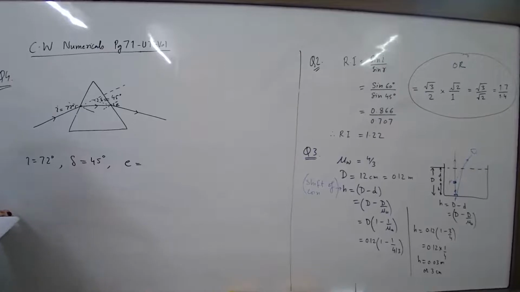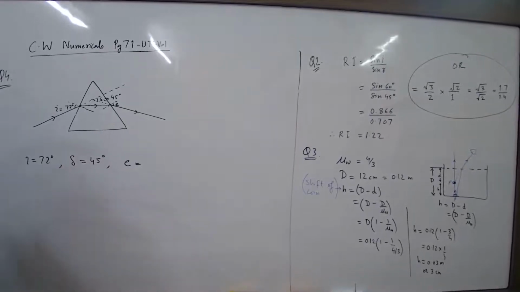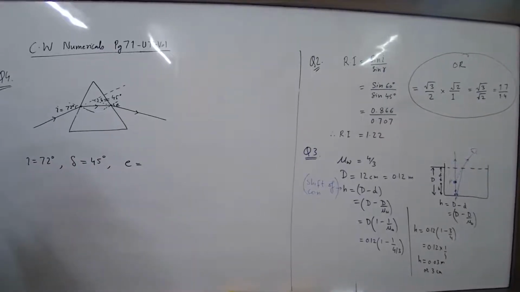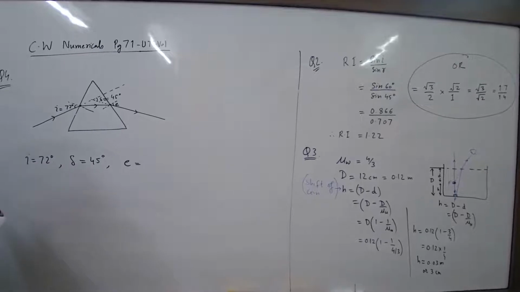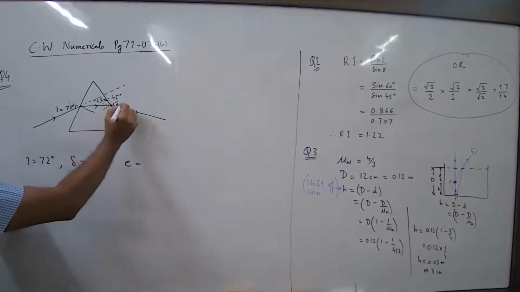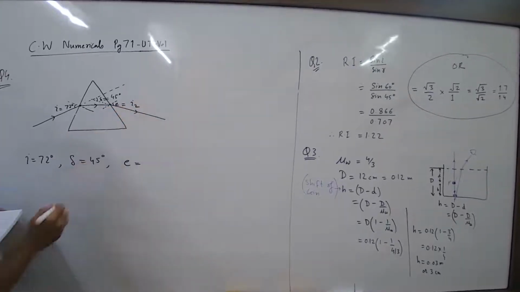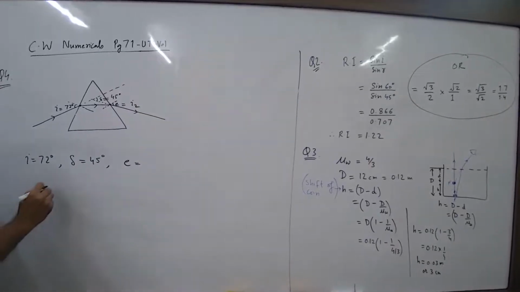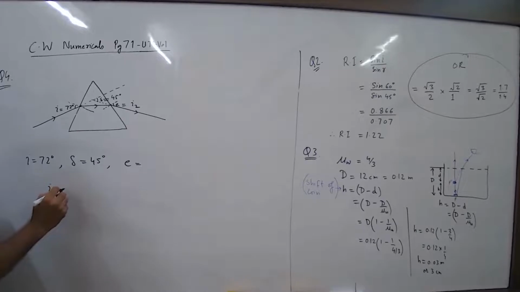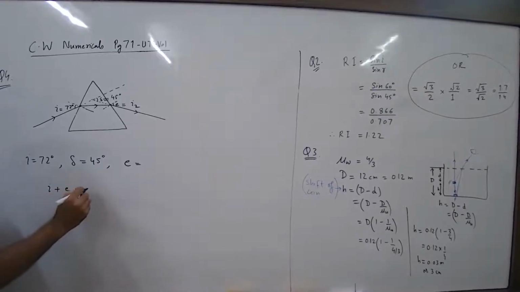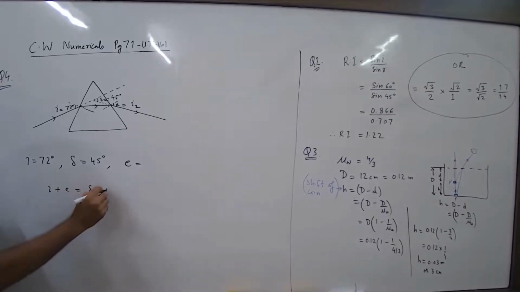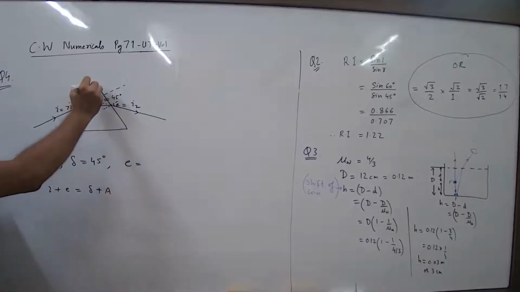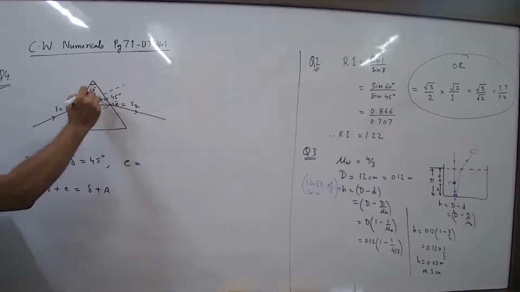Okay. So what is the relation between angle of incidence, angle of emergence? Here it is calling as I2. Right? What is the relation? I plus E is equal to delta plus A. Now it is given that it is equilateral prism. So it will be 60.